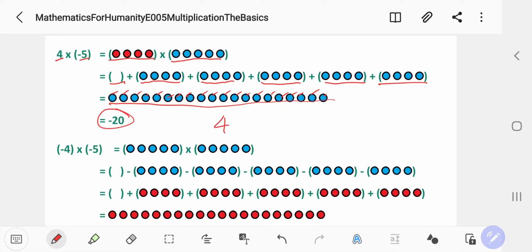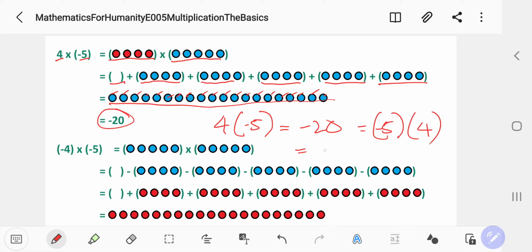So 4 times negative 5 is negative 20. And this is also equal to negative 5 times 4, or 5 times negative 4. I hope you understand that.